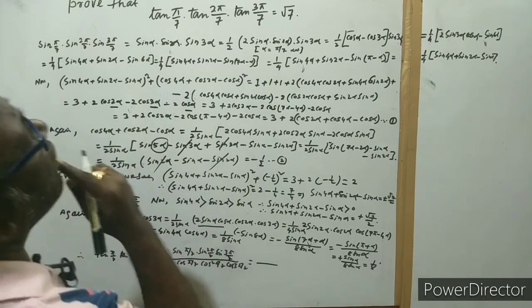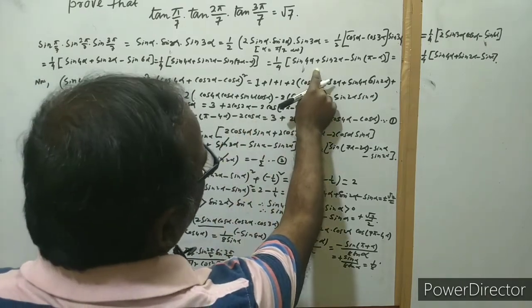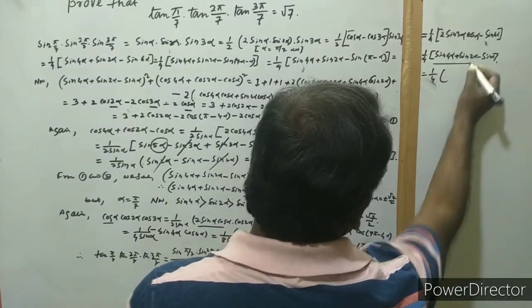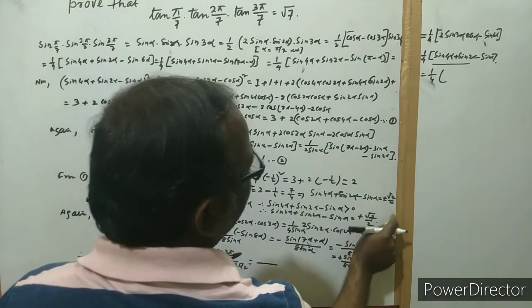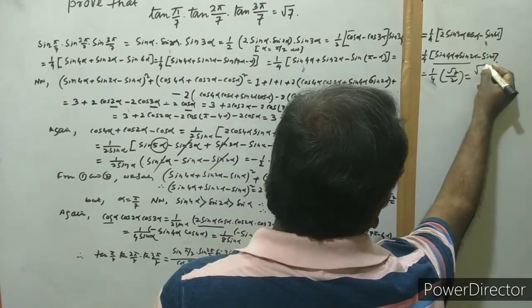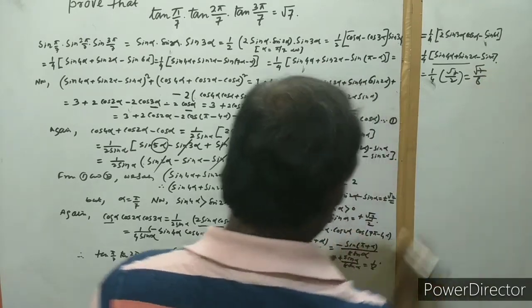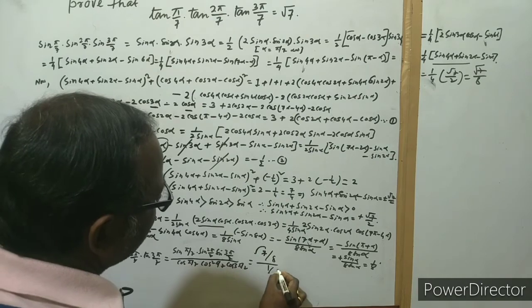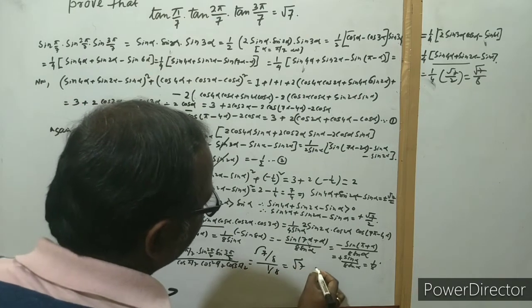So therefore the value of this is equal to 1 by 4, and this value is root 7 by 2, so root 7 by 2, and that is root 7 by 8 here. Okay, root 7 by 8, and this is 1 by 8, and this is root 7.